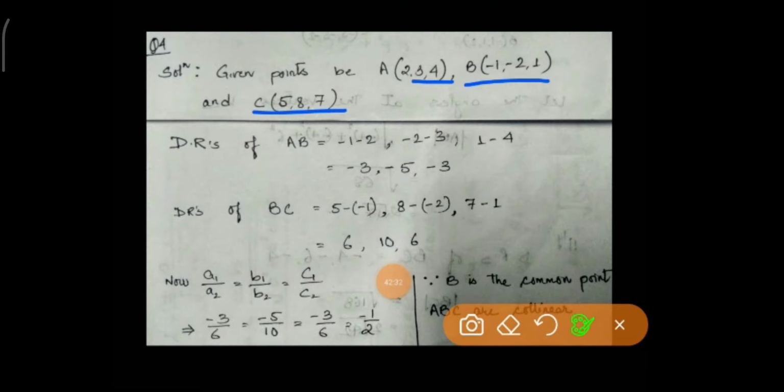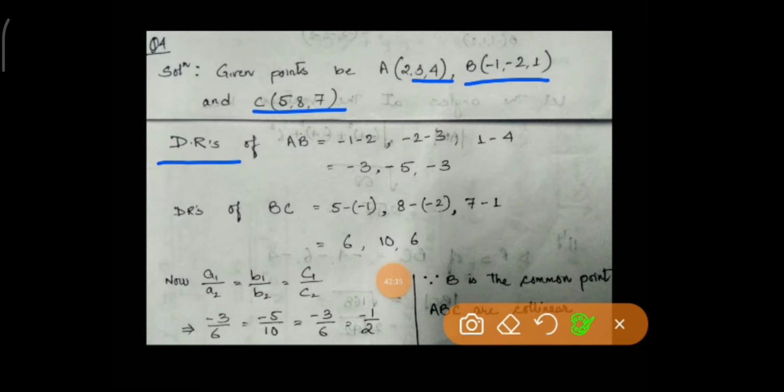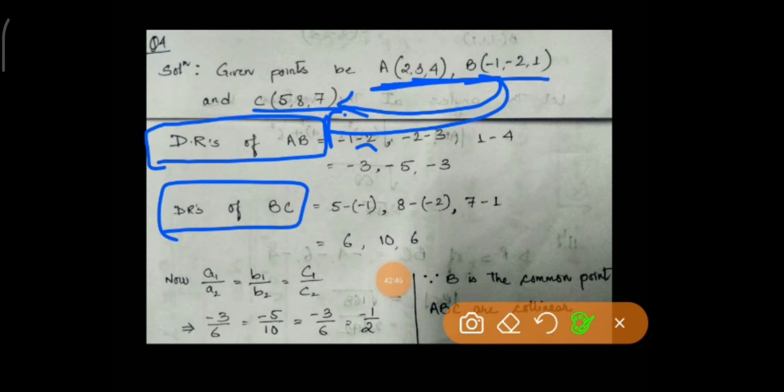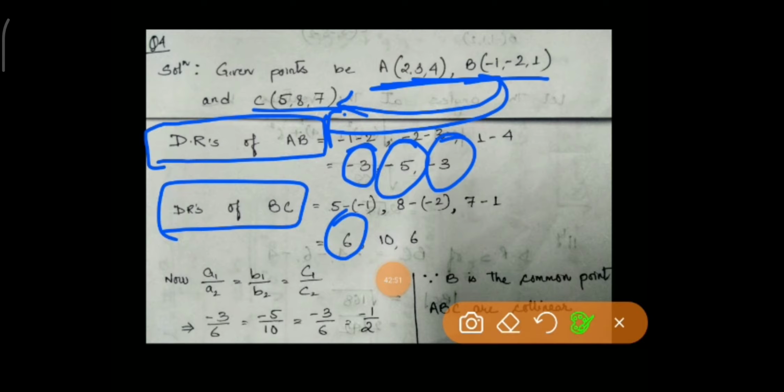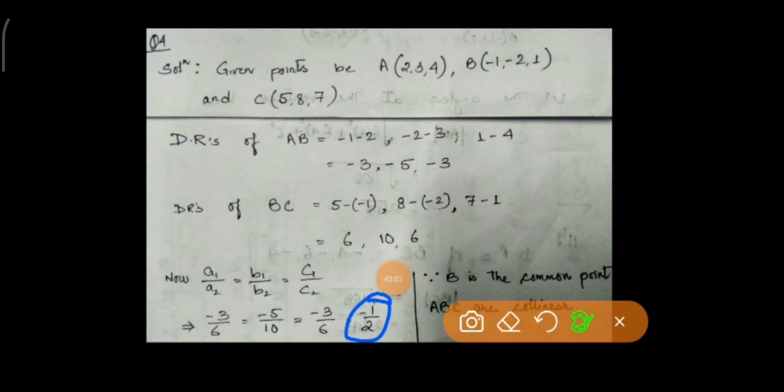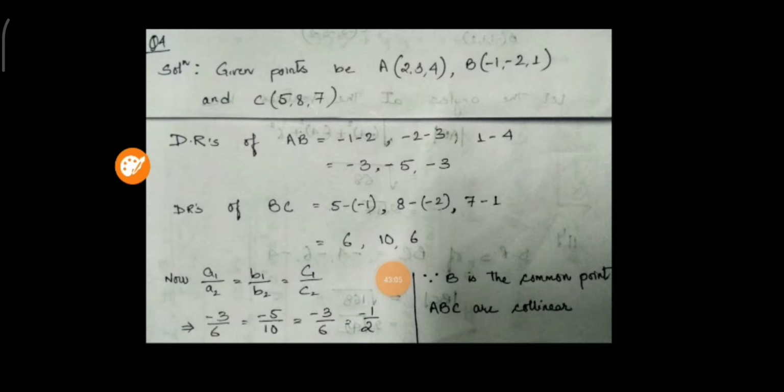So I find the direction ratios of AB, then I will find BC, with B and C. The direction ratios will be a1, b1, c1 and a2, b2 and c2. Now we check, if you divide them you get minus 1 by 2 from all of them. That means they are equal. If they are equal, that means they are parallel.